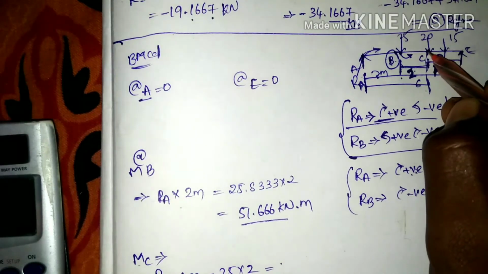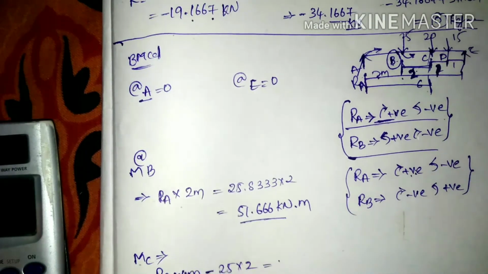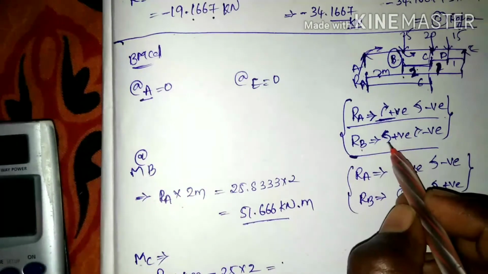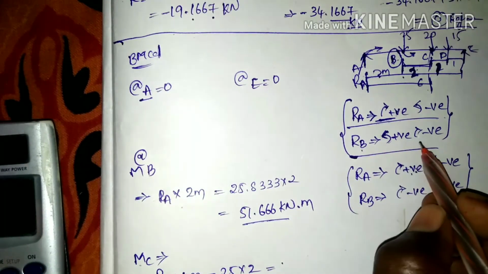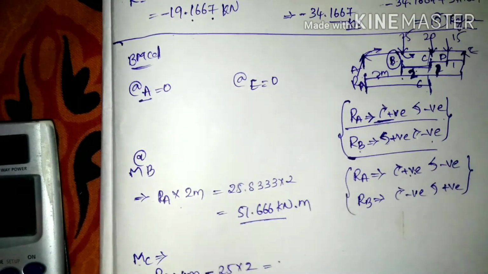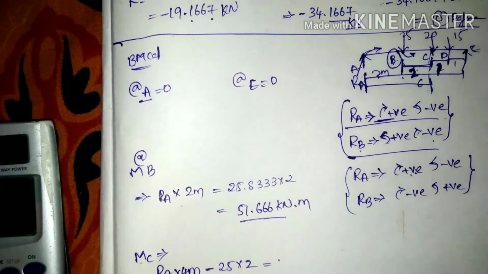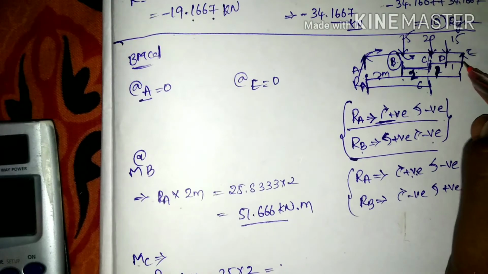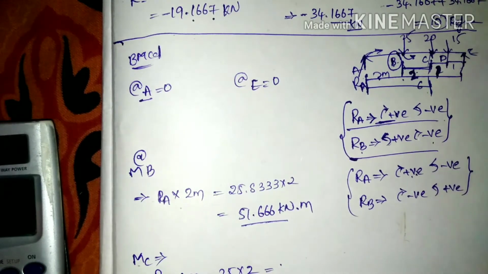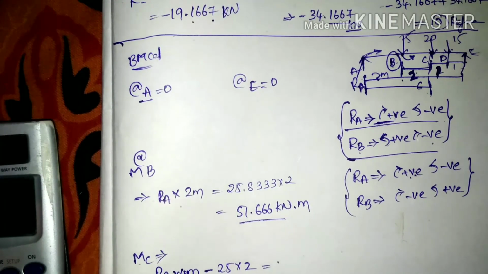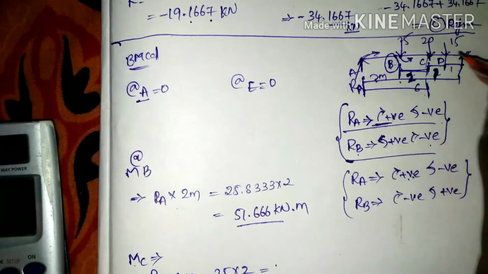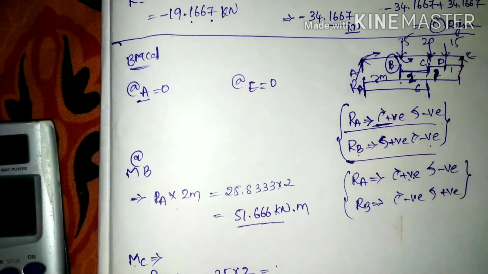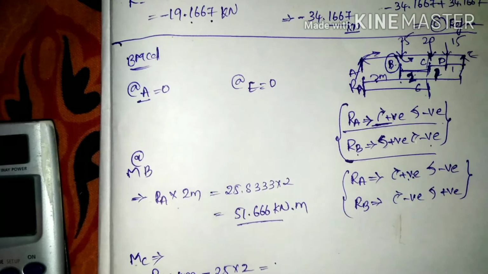Or you can take from RB also. Here it is C. For RB, anti-clockwise direction is positive and clockwise is negative. RB into the distance from RB to C, which is 2 meters, minus 15 into 1.